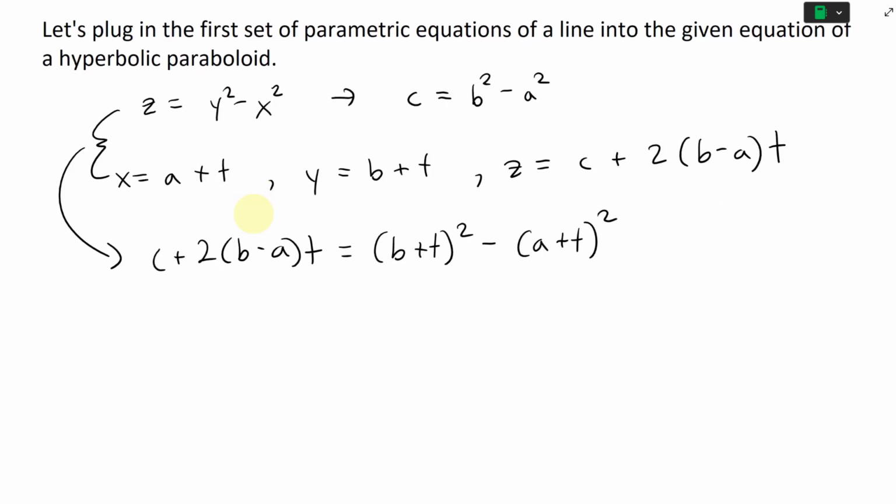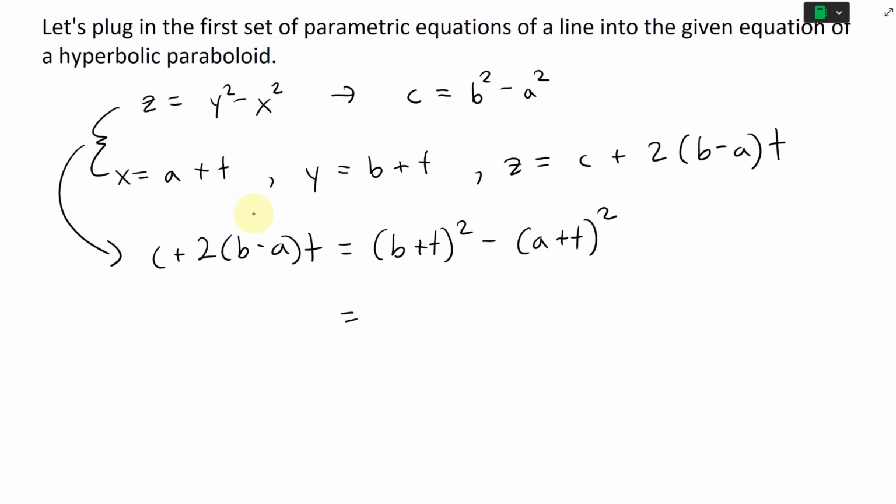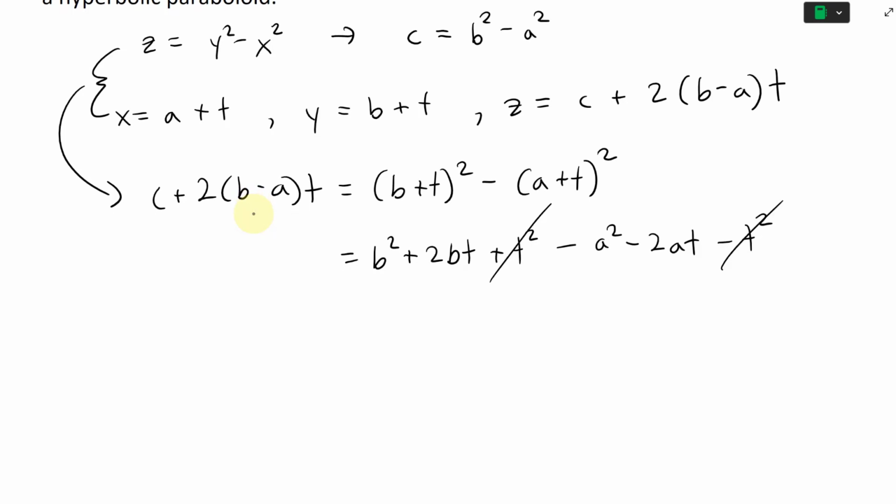Now we can expand these out. That's simply b squared plus 2bt plus t squared. The next one is the same thing, but with a negative everywhere: minus a squared, minus 2at, minus t squared.